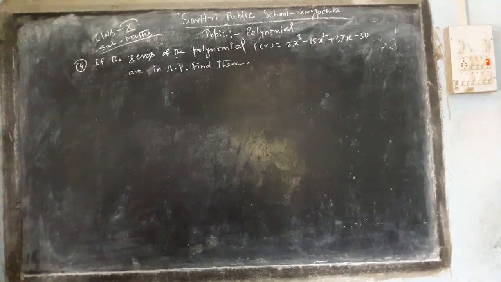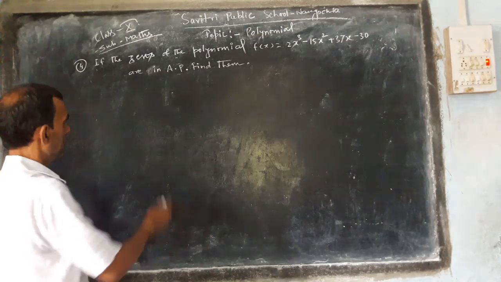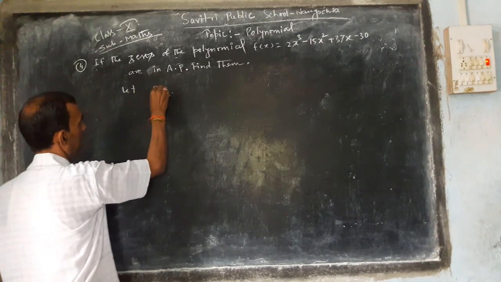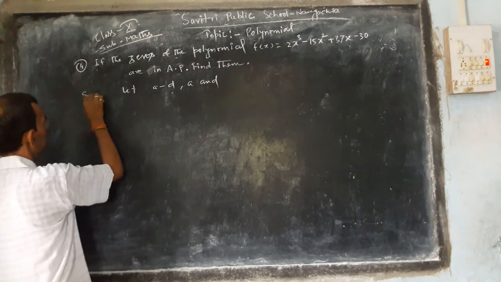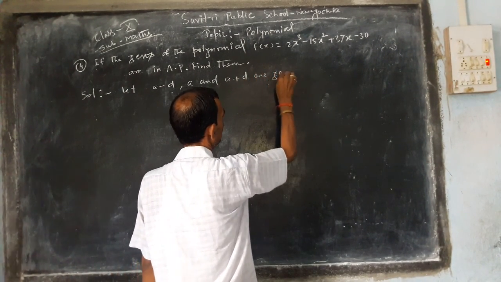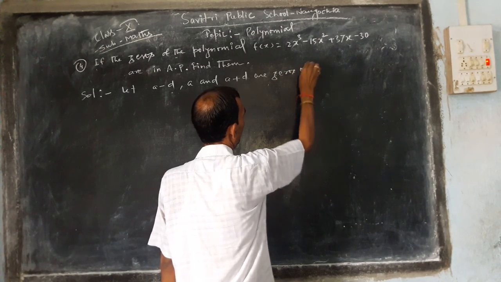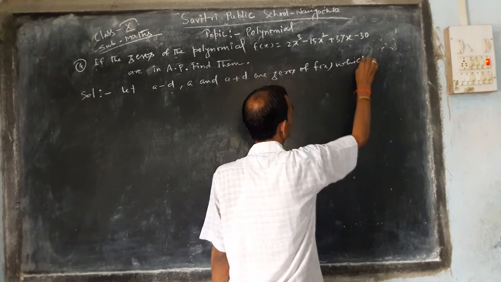Answer. If the zeros of the polynomial f(x) = 2x³ − 15x² + 37x − 30 are in AP, find them. So let a − d, a and a + d be the zeros of f(x), which are in AP.